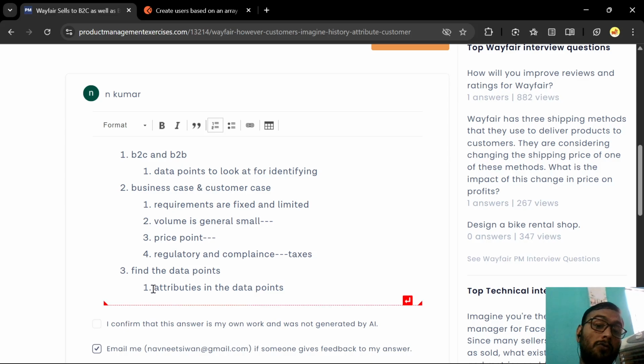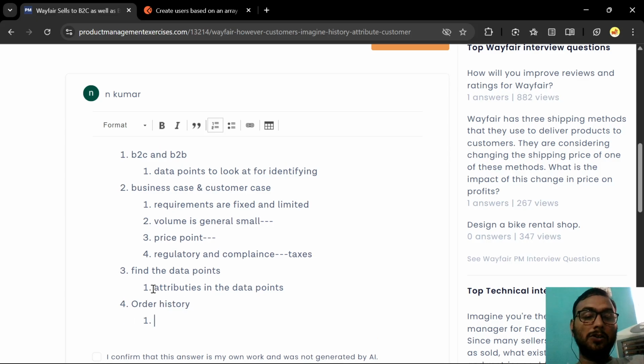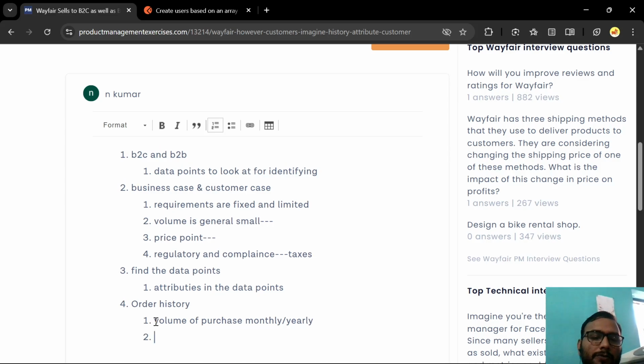Okay. So first of all, the order history data is a good data point for us. In the order history, of course, we will look at the volume of purchase, and this could be monthly or yearly. Business has regular purchases and high volume, so there would be a volume aspect of it. The first attribute we will look at is the order volume, how many products are being purchased.